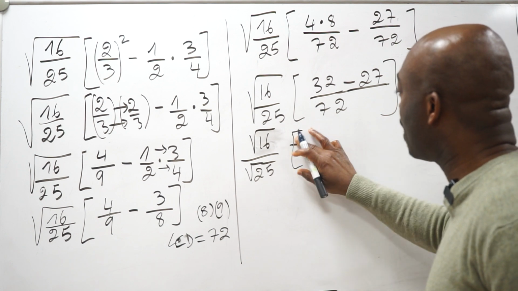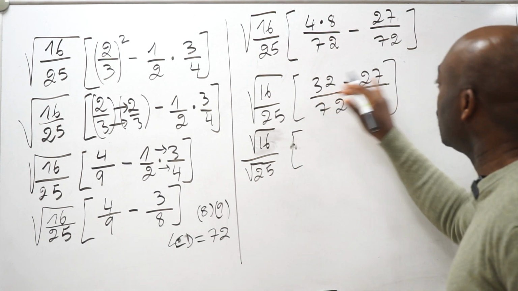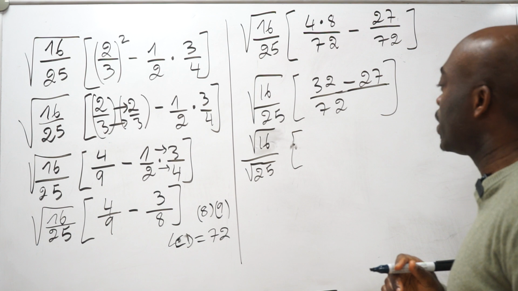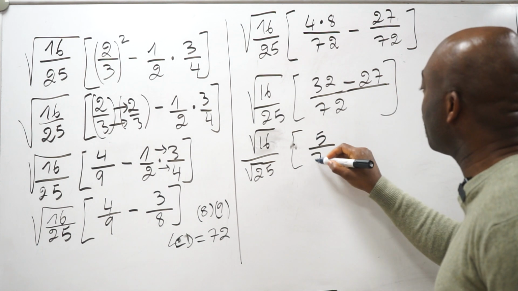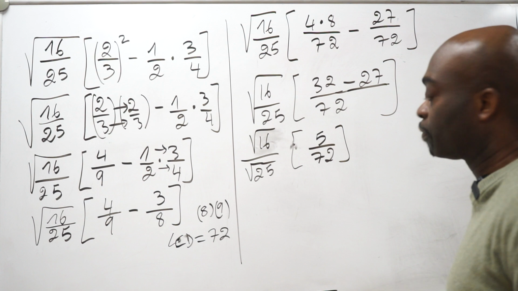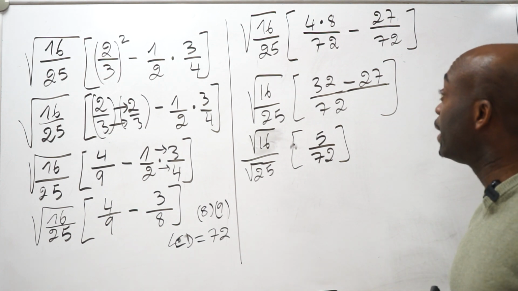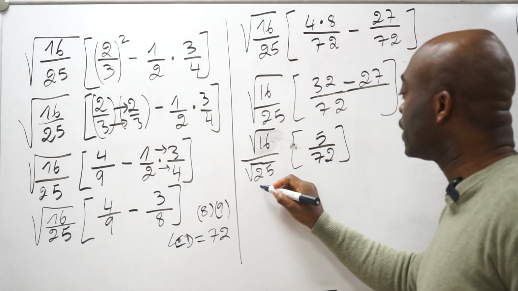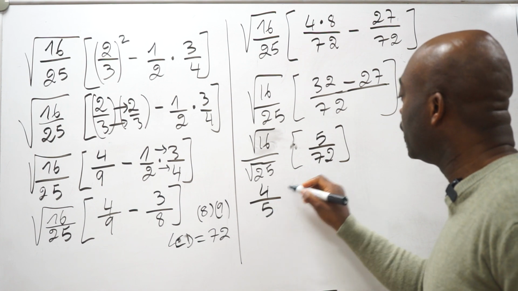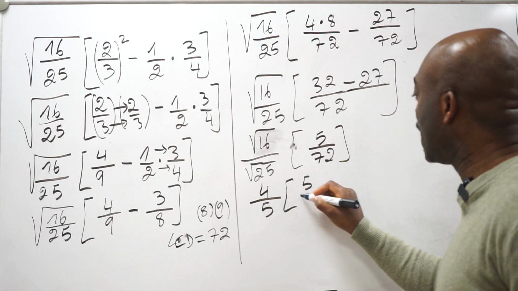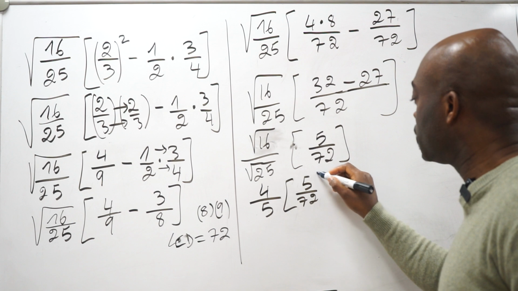Okay, then we have the brackets. And then we said 32 minus 27 is going to give us what? It's going to give us 5. So this is 5 over 72. All right. And then we get going. And square root of 16 is what? It's 4 over square root of 25 is 5. Then we're multiplying that by 5 over 72.